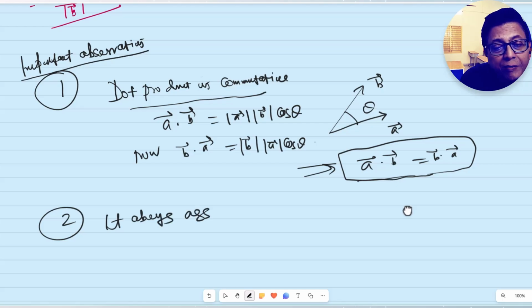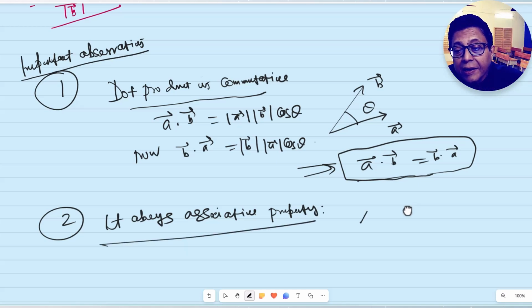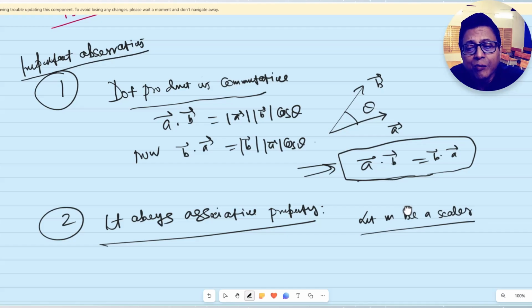Number 2, it obeys associative property. What is that? Let M be a scalar and A and B are two vectors the way we have taken.